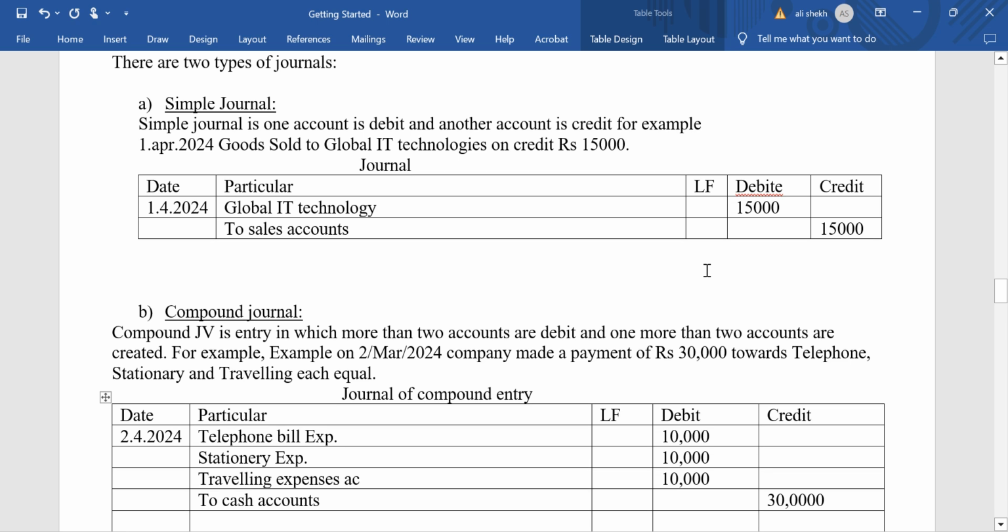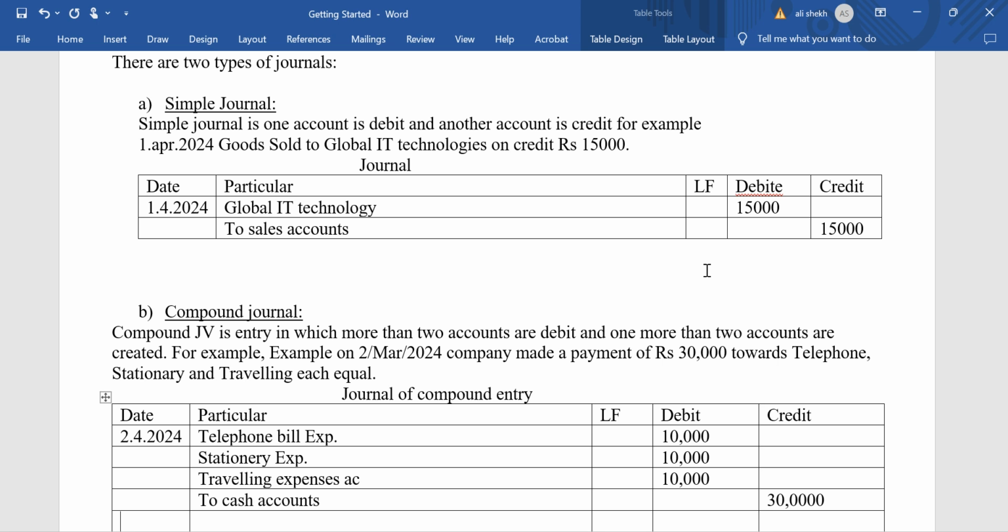Next, compound journal. Compound journal voucher is an entry in which more than two accounts are debited or credited.